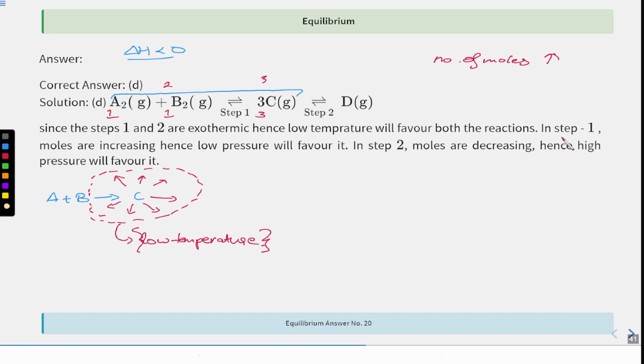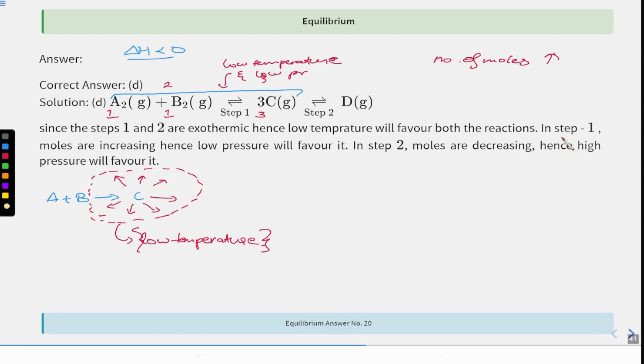Now, if the number of moles is increasing, with a low temperature, to maintain that side over there, we actually need a low pressure, right? So for this particular part of the reaction, we will need a low temperature. Sorry, low temperature and low pressure.